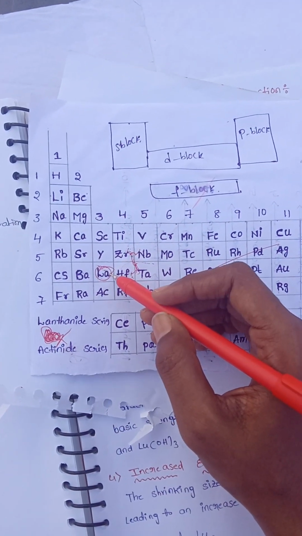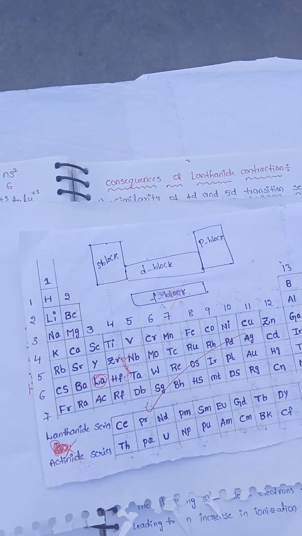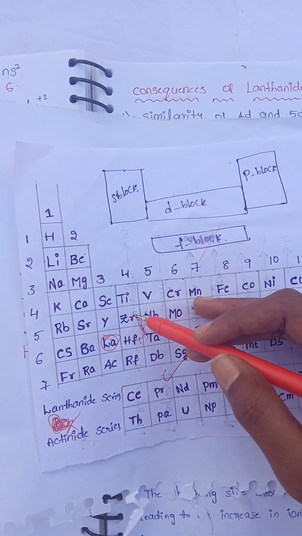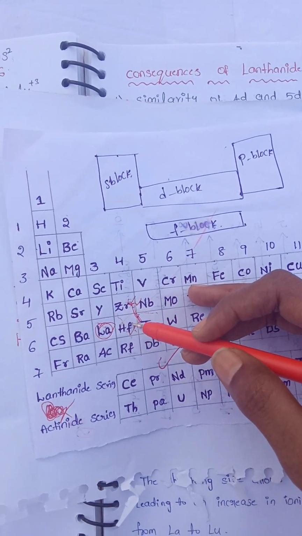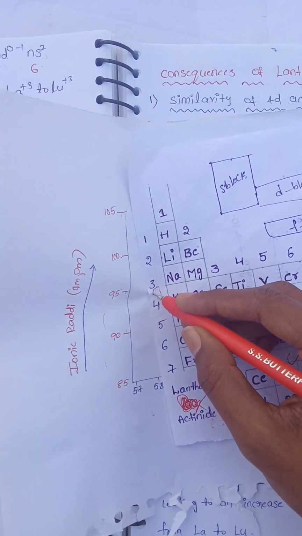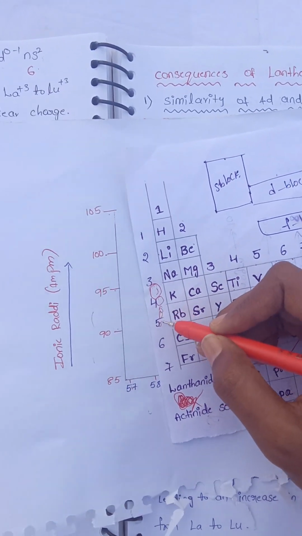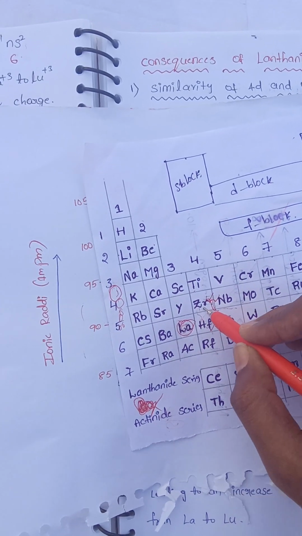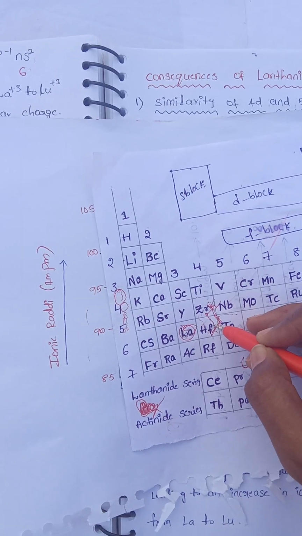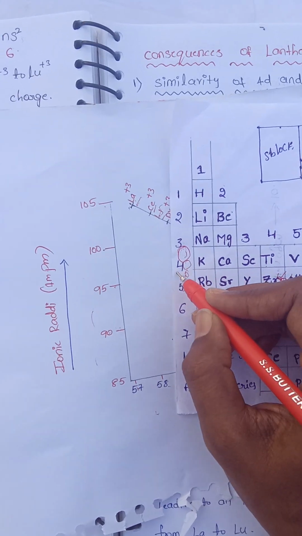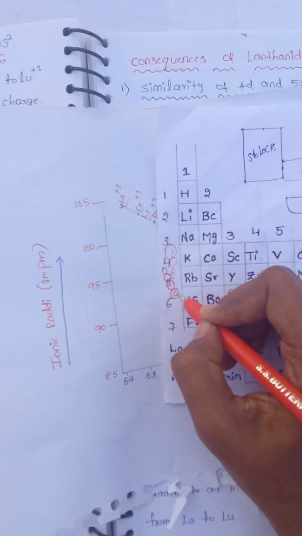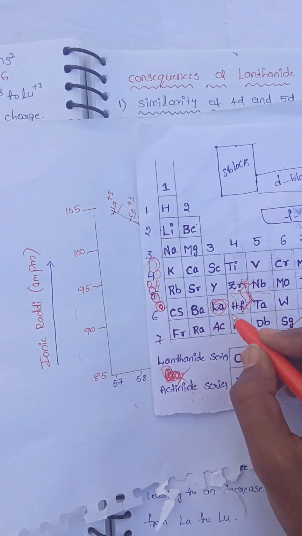But due to lanthanide contraction, the second series elements show similar properties to the third series elements. So the first element in the second series and hafnium in the third series show similar properties because of lanthanide contraction. We know that when the atomic number increases, the size also decreases. So here, because of lanthanide contraction, the first element of the second series and the first element of the third series have similar properties. When lanthanides come, the 4f electrons are all affected due to the poor shielding effect, so this property is also similar to the other.